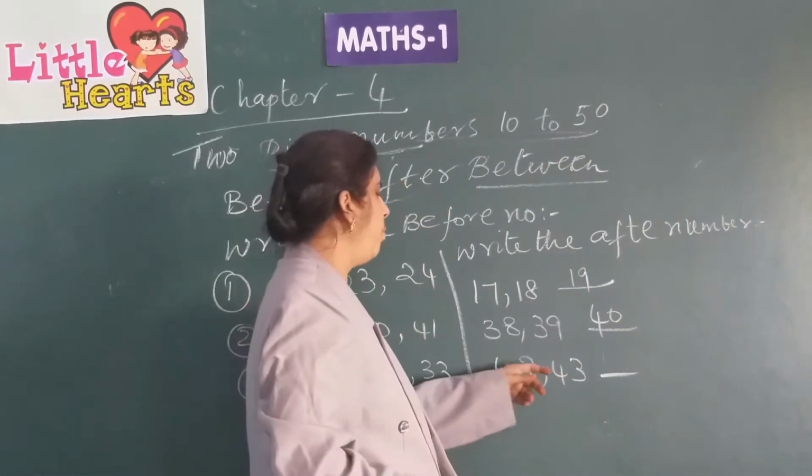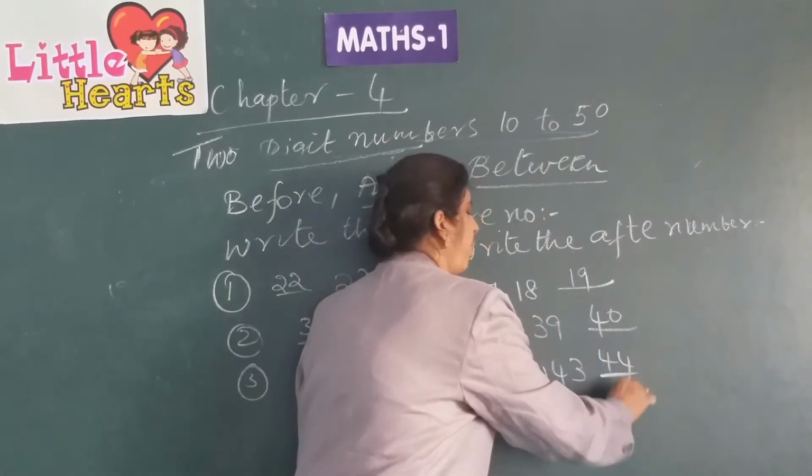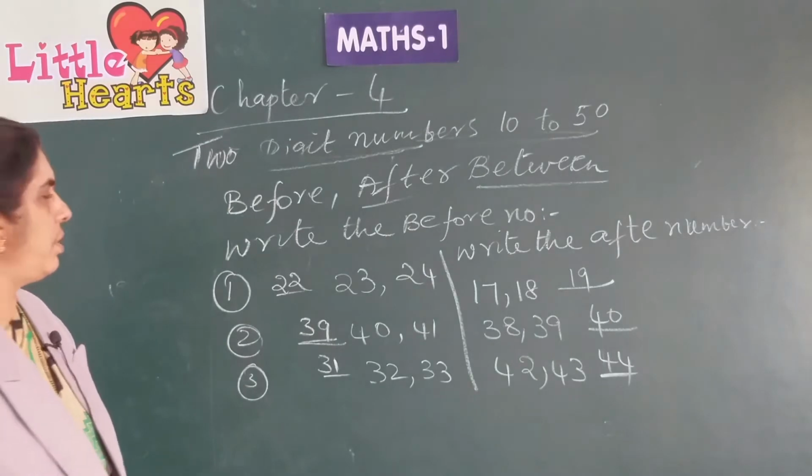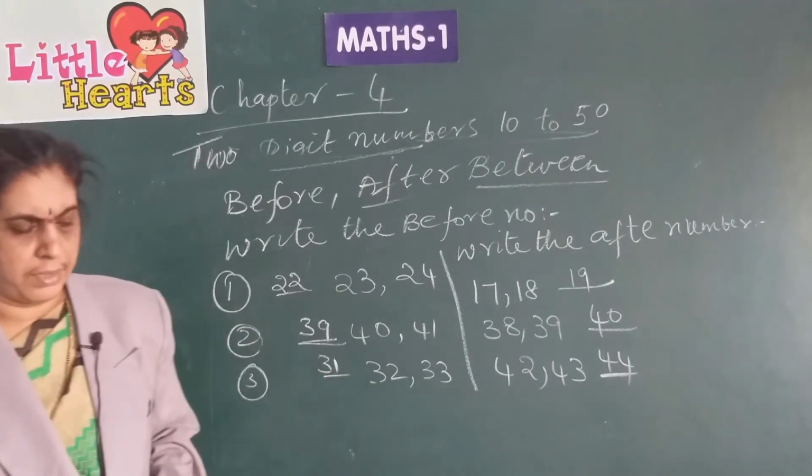And 42, 43, 44. So in this way you can write after numbers and before numbers.